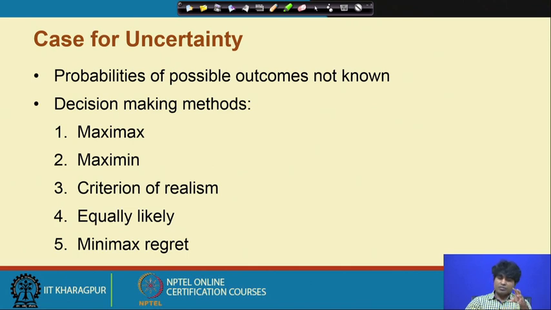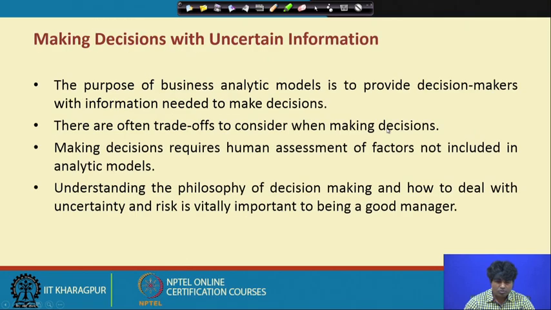These are all 5 different methods or analytics through which we can predict the business environment where the situation is completely uncertain, right. So, let us start one by one.